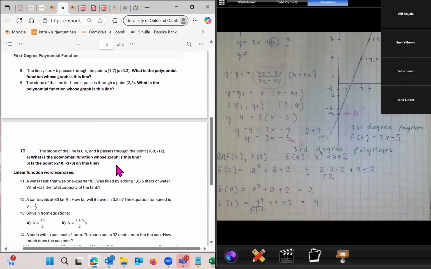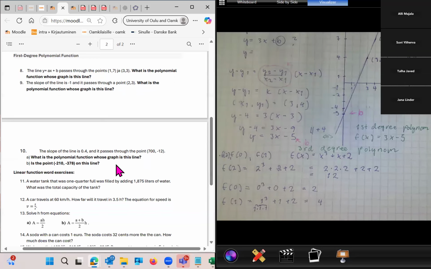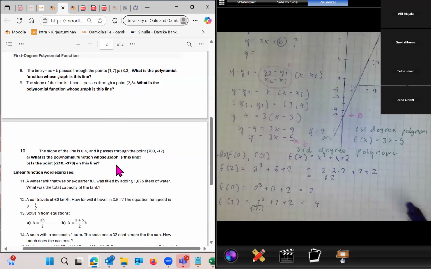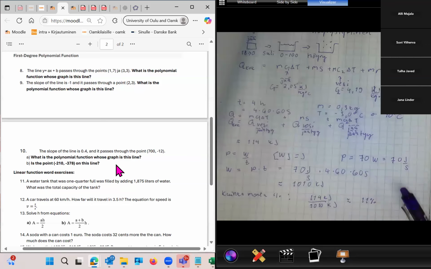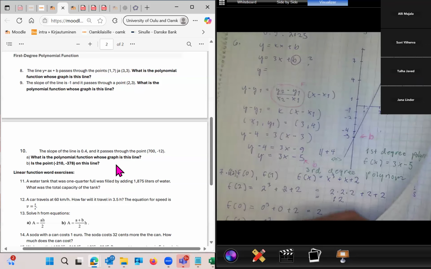And I think the next one is the same. So it's just to get you familiar with the concept of polynomial function. What does it actually mean?